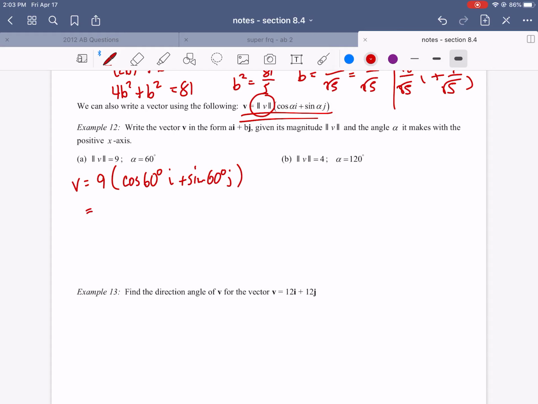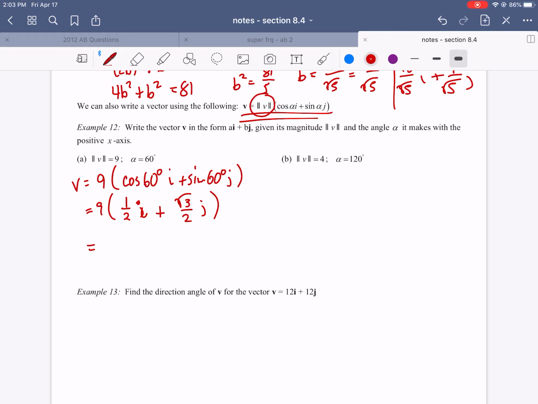Okay, I need to know my unit circle values now, so cosine of 60 degrees is going to be 1/2 multiplied by i, and sine of 60 degrees is going to be the square root of 3 over 2 multiplied by j.